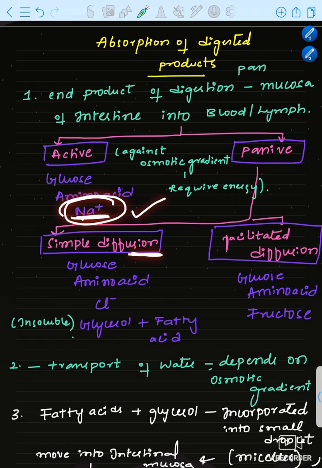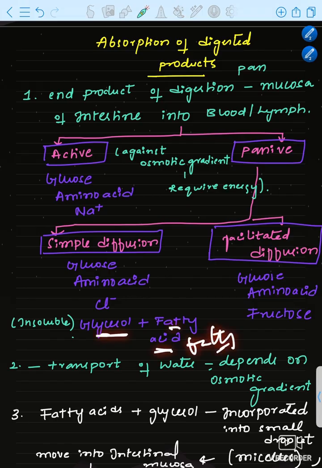You can remember plus means active, Na plus, and chloride goes by simple diffusion. Glycerol and fatty acid, the fat contents, also go by simple diffusion in soluble forms. In facilitated diffusion you can see F for fructose. Glucose and amino acid are common in all.